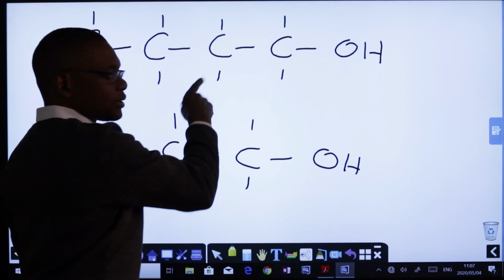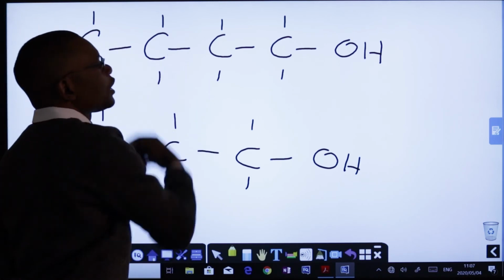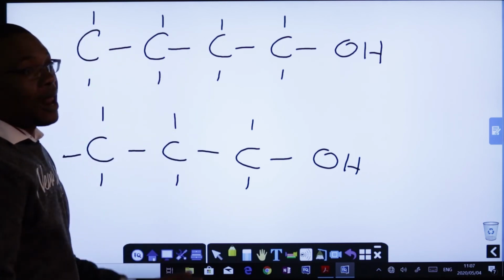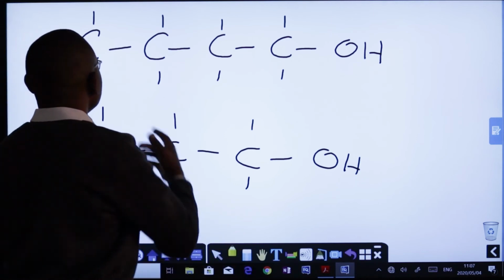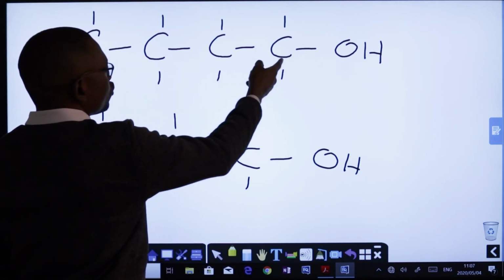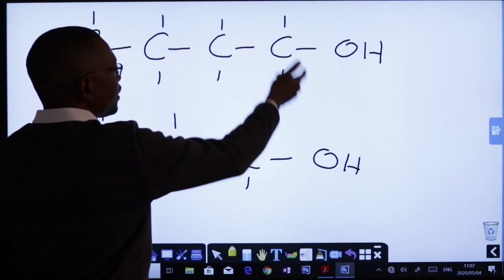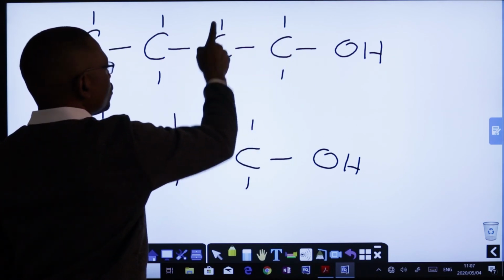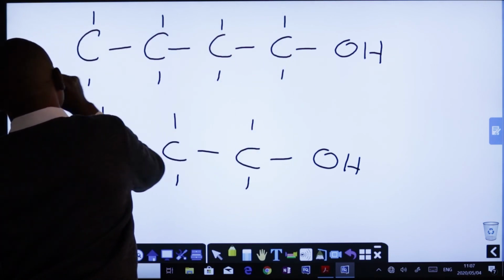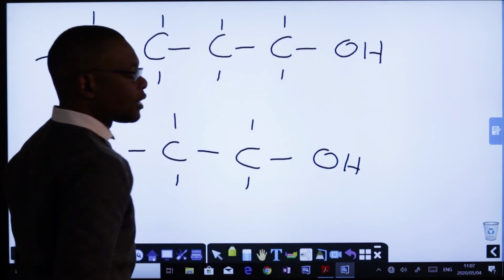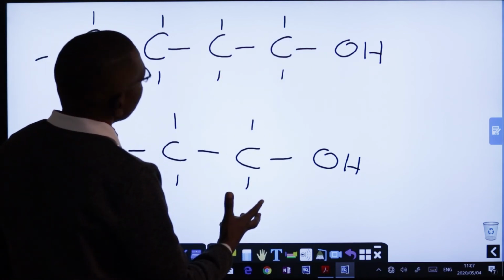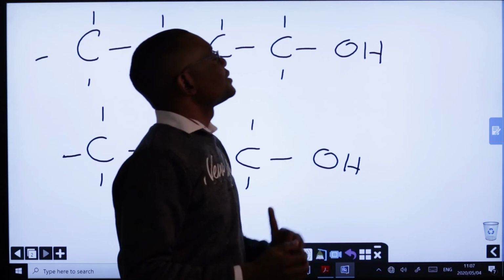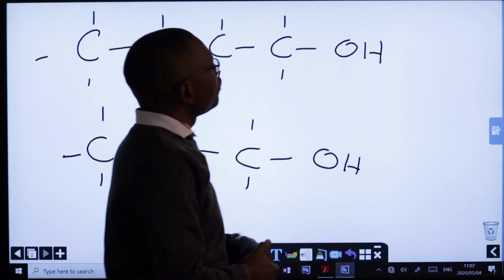The molecular mass of butanol is going to be larger. If you take a look at it, this is going to be 12 times 4, that's 48. 48 plus 1, 2, 3, 4, 5, 6, 7, 8, 9, 10, and it gives us 58. 58 plus 16 will give you 74.